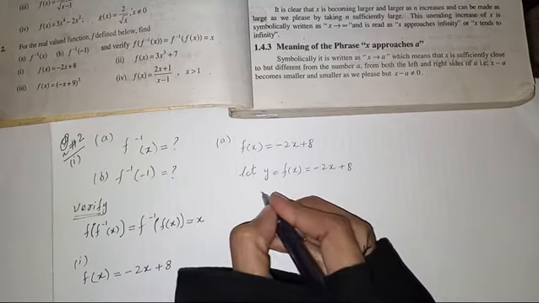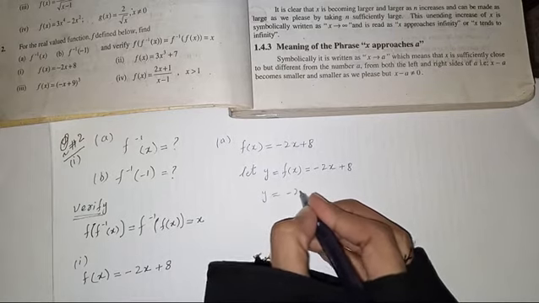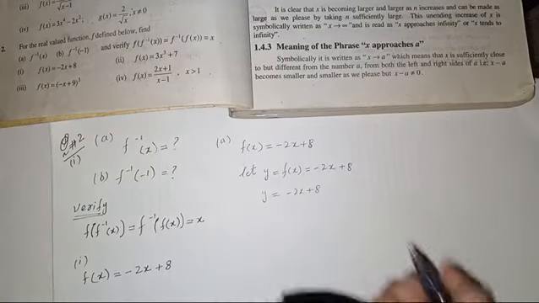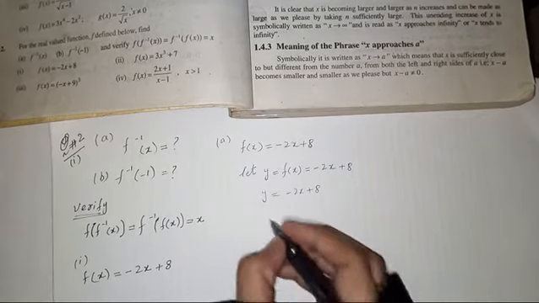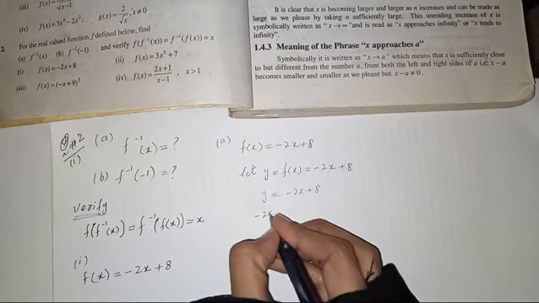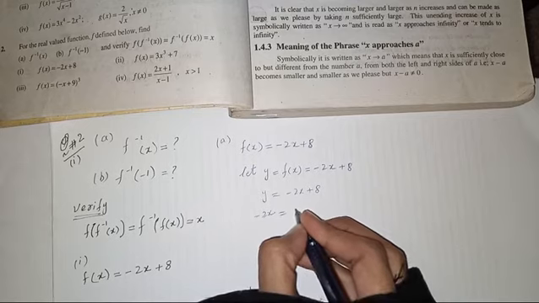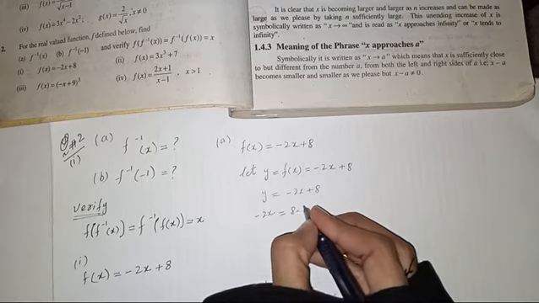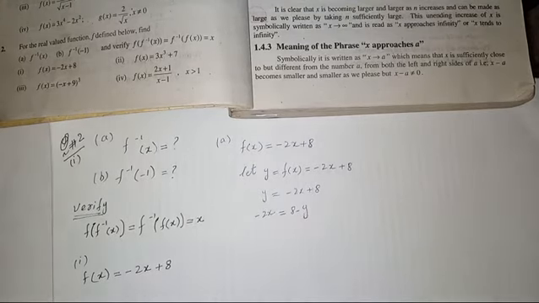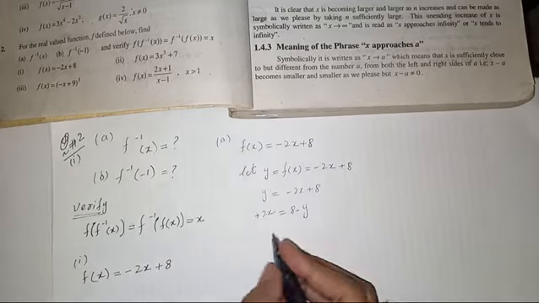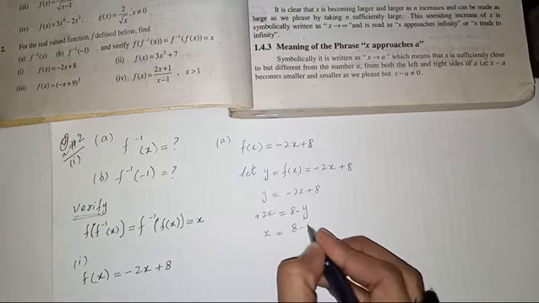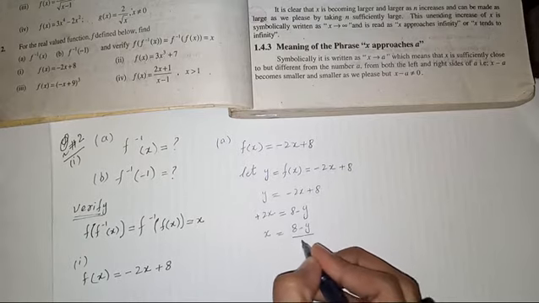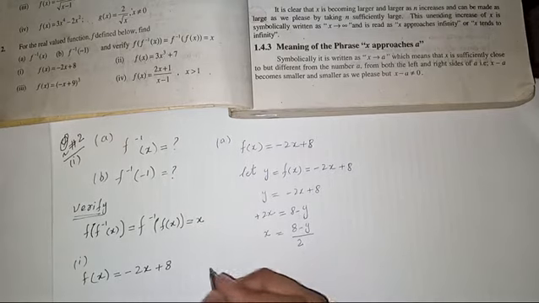So it means y is equal to minus 2x plus 8. Clear? So from this equation we can easily write minus 2x is equal to 8 minus y, and x is equal to, value of x is now 8 minus y divided by 2, right?